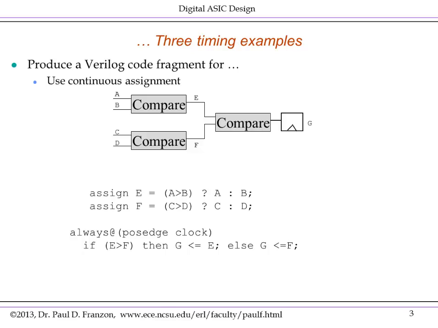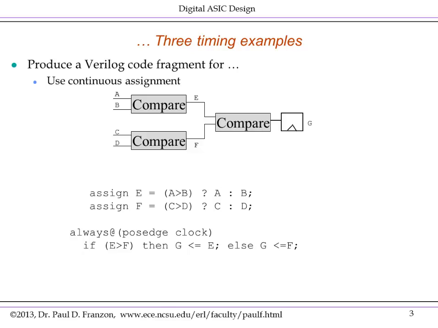So I've built the top two comparators using continuous assignment. You might recall the way this question mark colon works: if what's before the question mark is true, we select the first selection, otherwise the second.